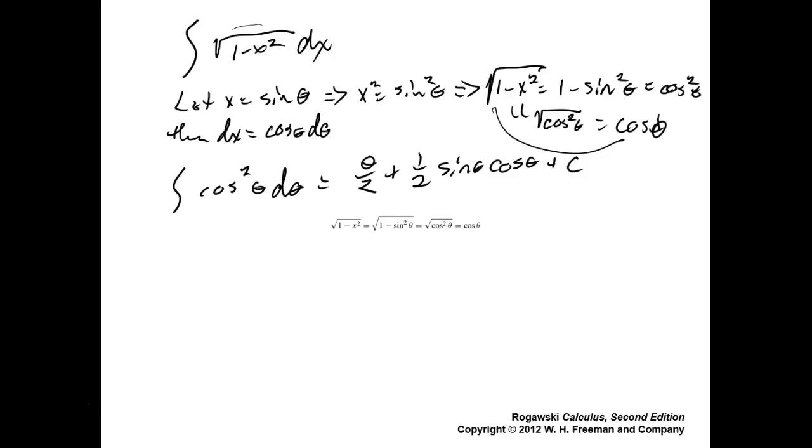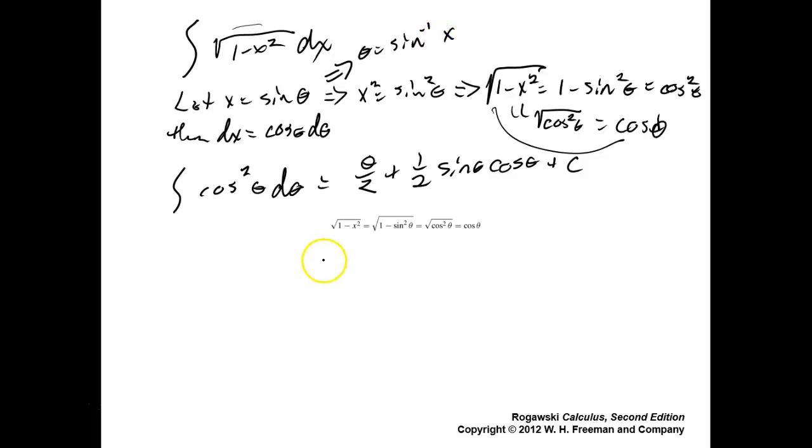We know what theta is. It's exactly the same thing we had before. If x is equal to sine theta, what does that tell you about theta? Inverse sine. Now you can also say arc sine. That's the other way to say arc sine or inverse sine of x.